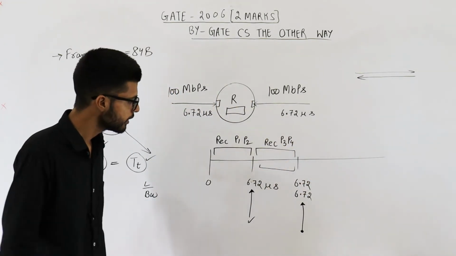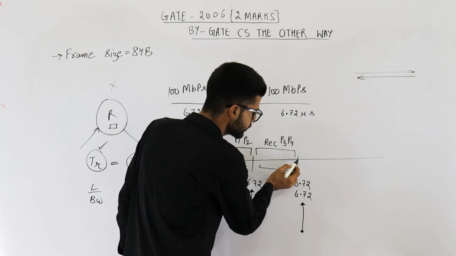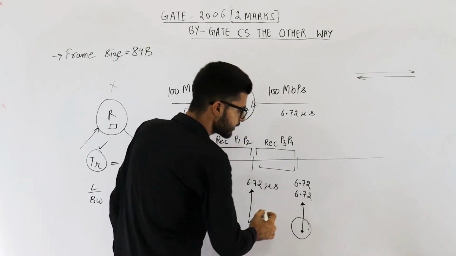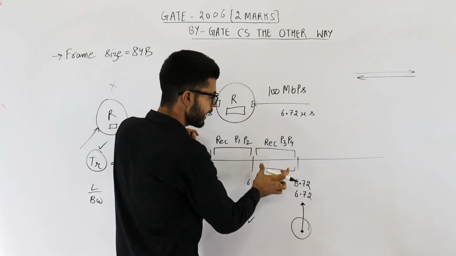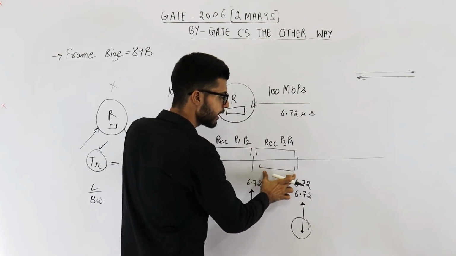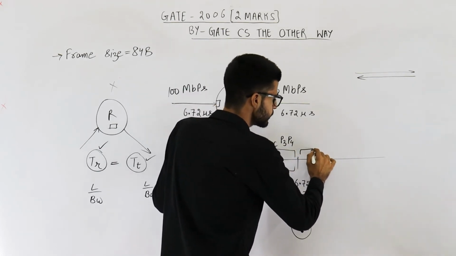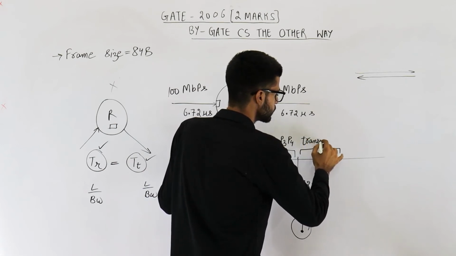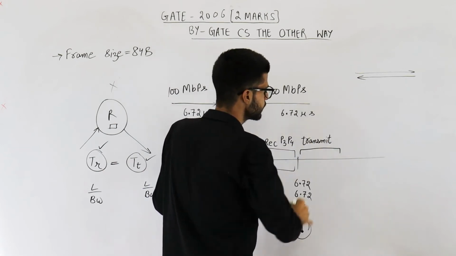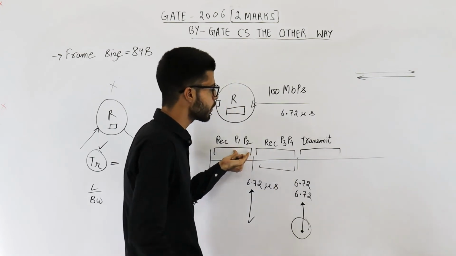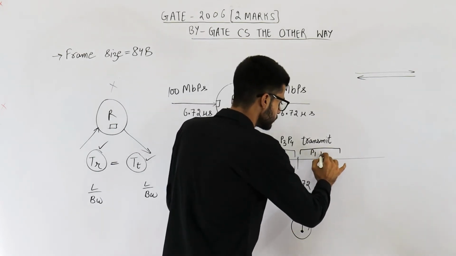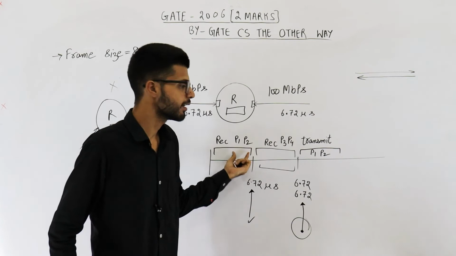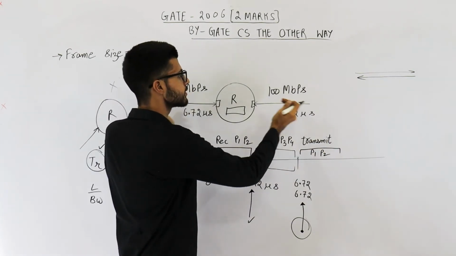At this time, you will get two new packets from both of the interfaces, and the packets that are currently lying here must be transmitted. So transmit packet 1 and 2, and at the same time you will receive data also.